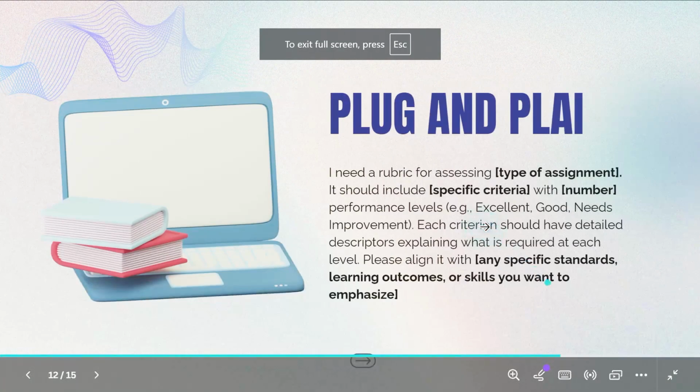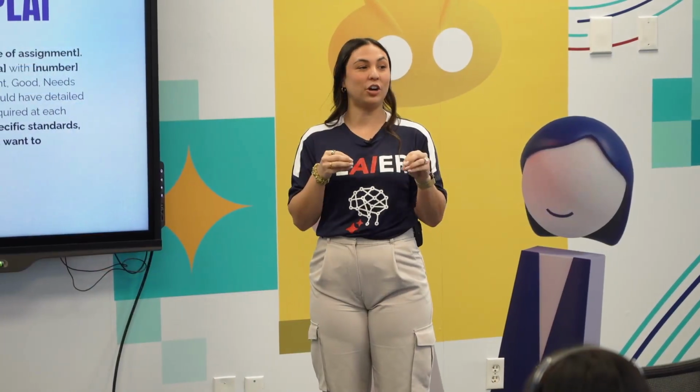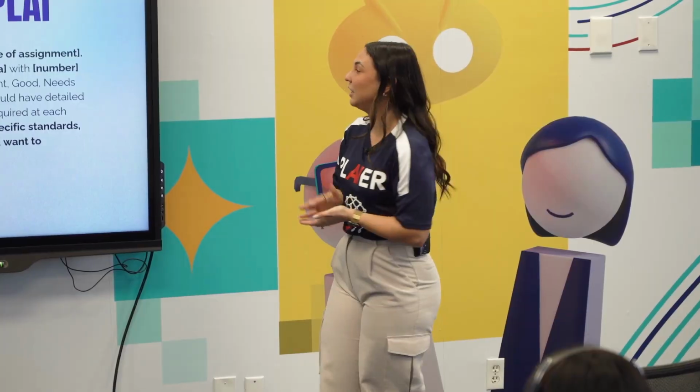Moving forward. I really, really love the idea that Tanya had to plug and play. So what I've done here is I've created a sample prompt where you can tailor this rubric to your classroom and your content area for your specific needs.